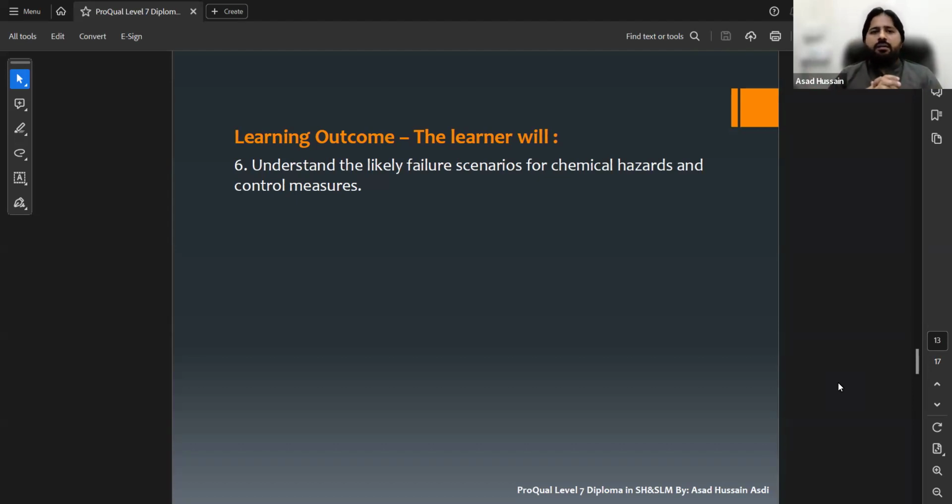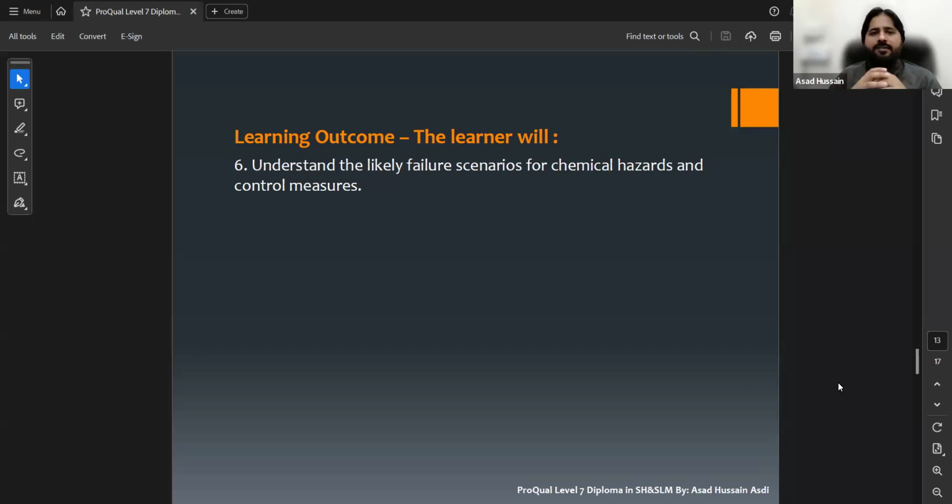Okay, so this learning outcome is about understanding the likely failure scenarios. Likely failure scenarios means incidents caused by chemical hazards.